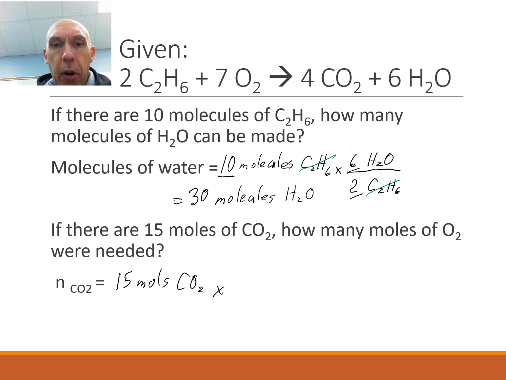We're going to multiply by that mole ratio, written as a fraction. From the equation, the CO2 has a coefficient of 4. We want to know about the O2. Its coefficient is a 7. We're going to cancel the CO2, and so it's going to be 15 times 7 divided by 4.